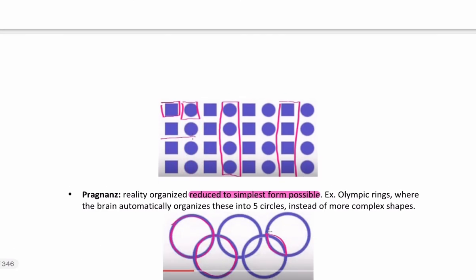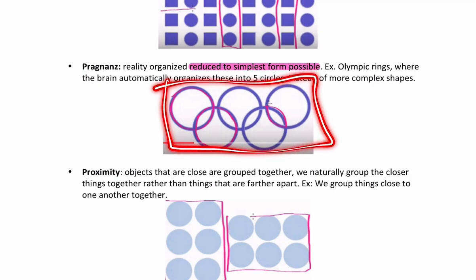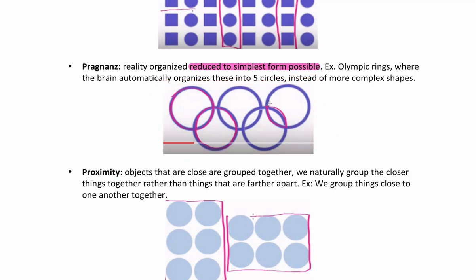These squares are like the ones that are also squares, so we're automatically looking at them as groups because they're so similar. Next, we have prägnanz, which is reality organized, reduced to the simplest forms possible. In this image, how many rings are there? We see one, two, three, four, five. Our brain doesn't really tell us that we're looking at five circles organized three on top and two at the bottom.